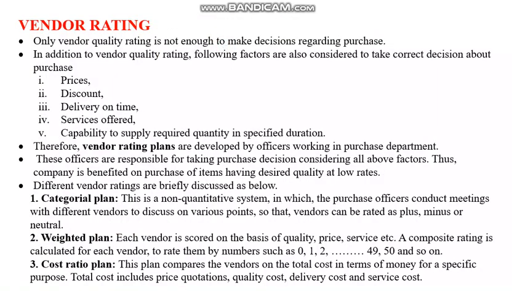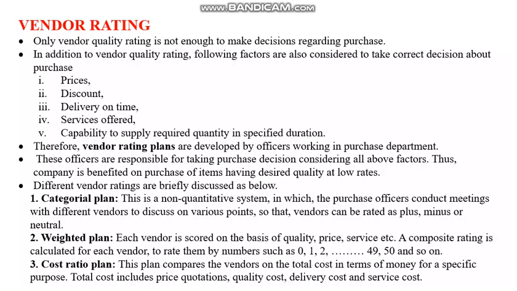And vendor quality rating alone is not sufficient to make decisions. Just on the basis of quality you cannot decide, because price also matters.